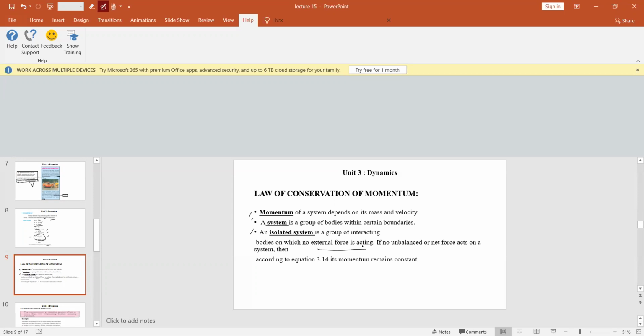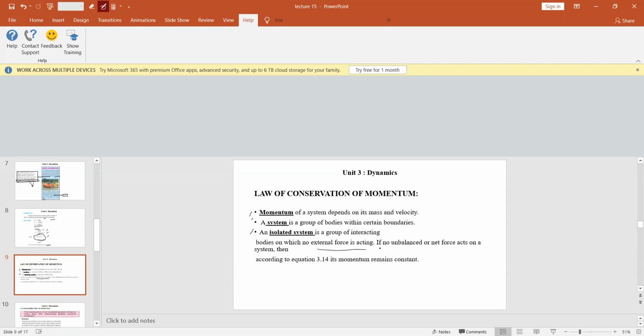It means if there is a group, there are forces within the group, the bodies are interacting within the group, but no external force is applied on the system, right? So that system is known as an isolated system. An isolated system is a group of interacting bodies on which no external force is acting.